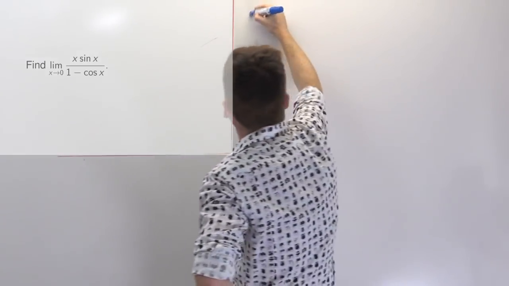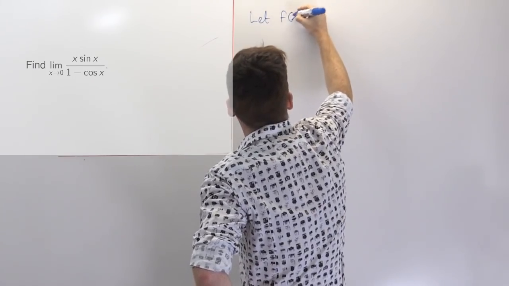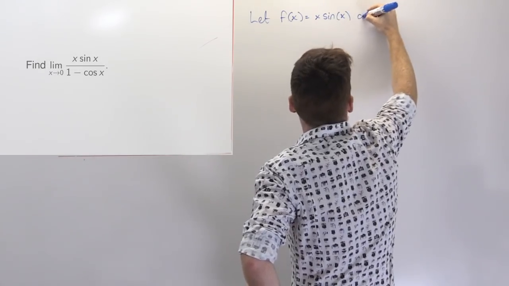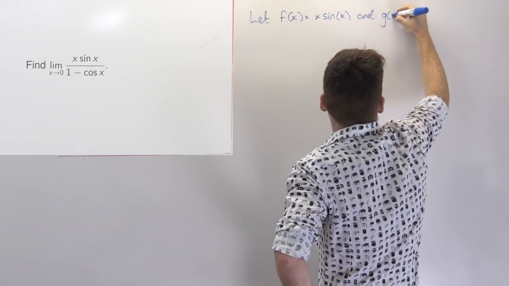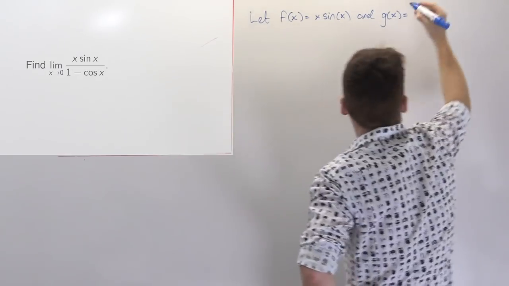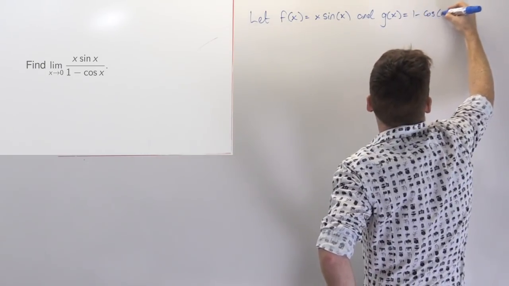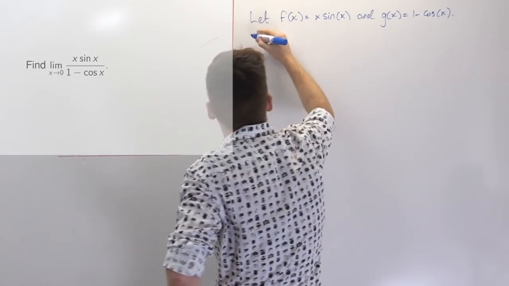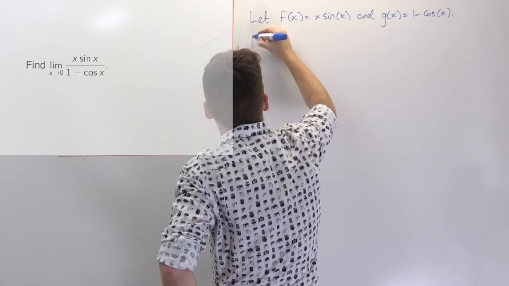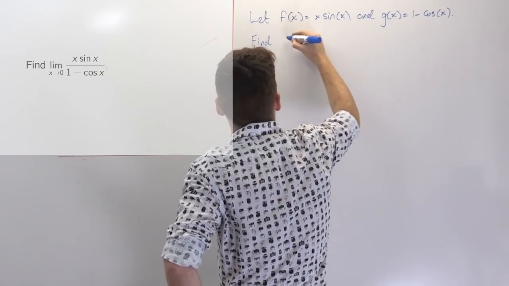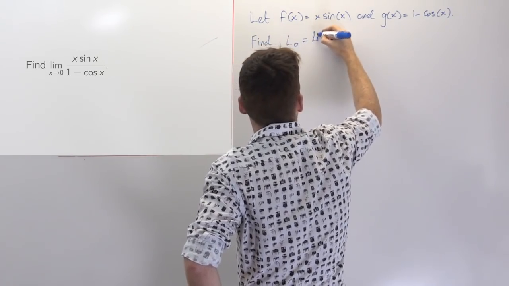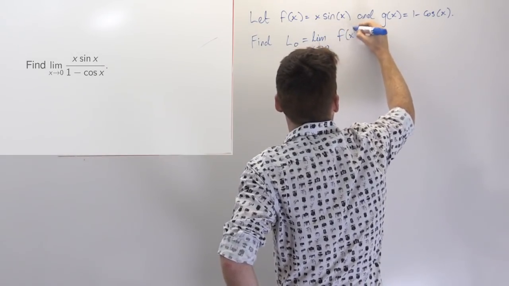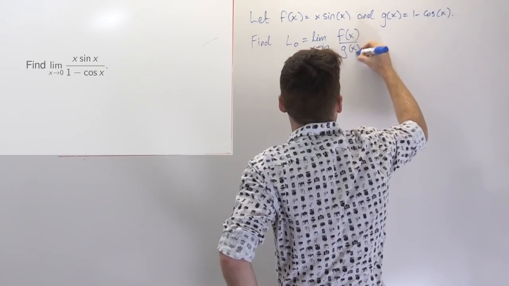I'm going to let f of x be equal to x sine x and g of x equal to 1 minus cos x. Then the question asks me to find the limit, I'm going to call this L, of f of x over g of x.